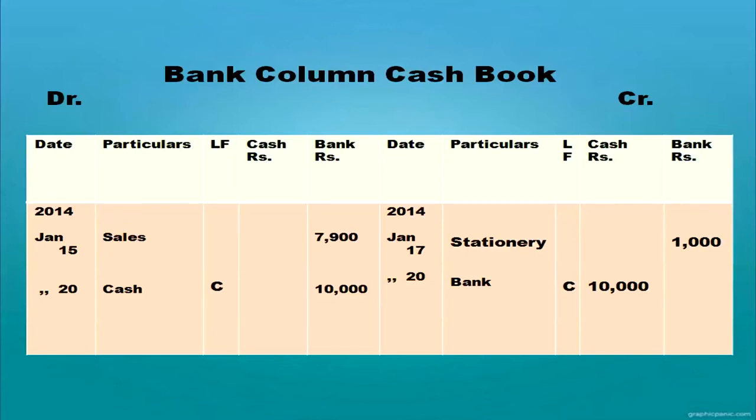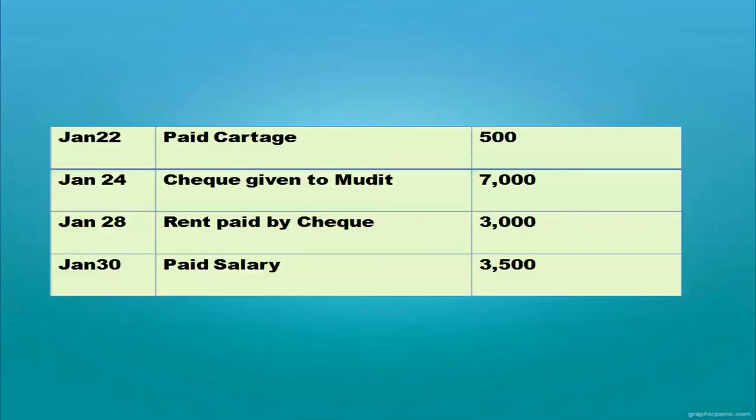When you are writing by bank, you will post in the cash column. When you are writing to cash, you will post in the bank column. Date you have to put by reading the transaction, and representing that it is a contra entry, you have to write capital C in the ledger folio column.